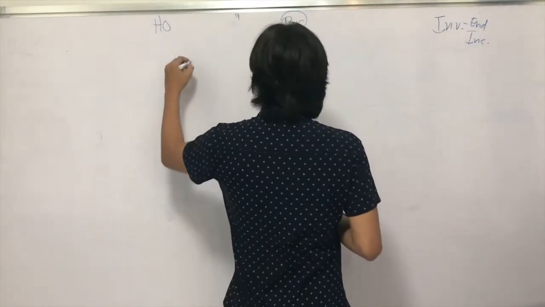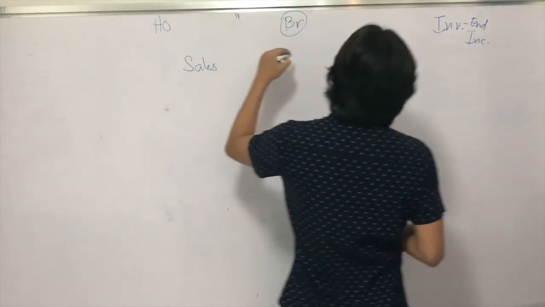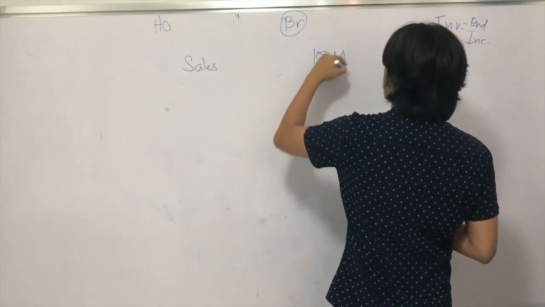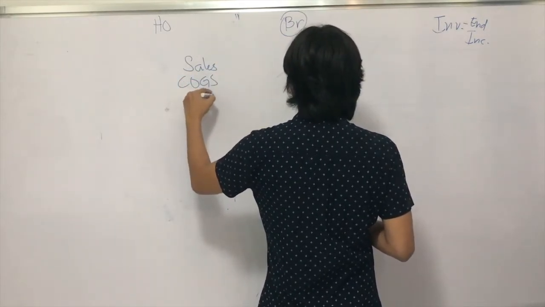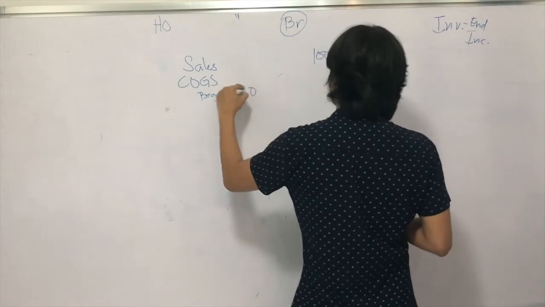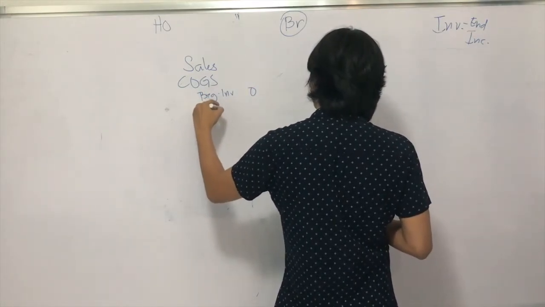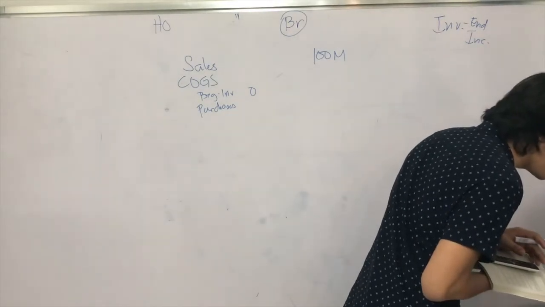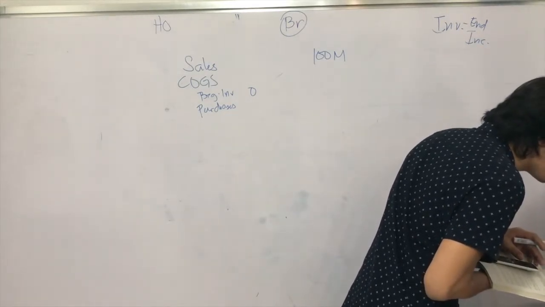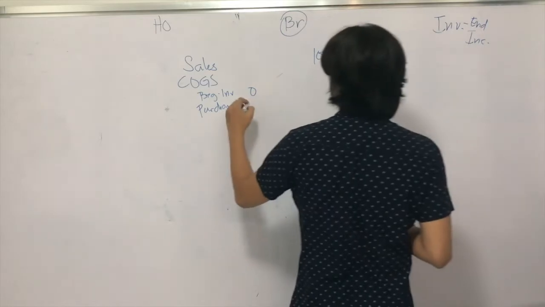So we start with sales, 100 million, then cost of goods sold. We have no beginning inventory, but we have purchases. Look at the purchases, that was 10 million.